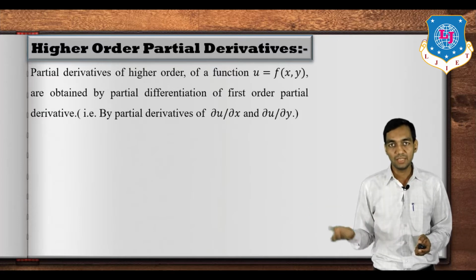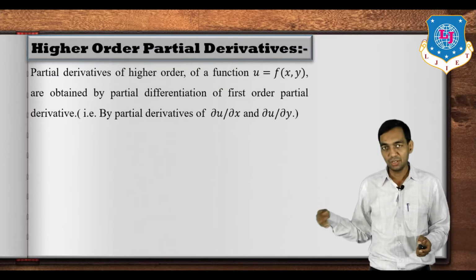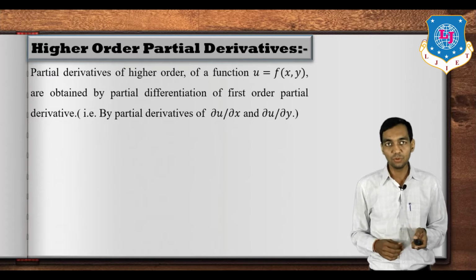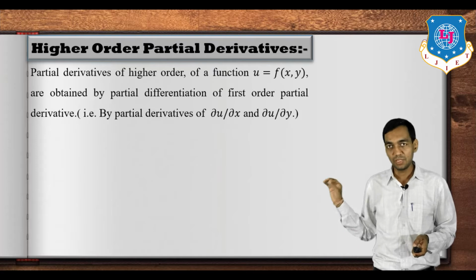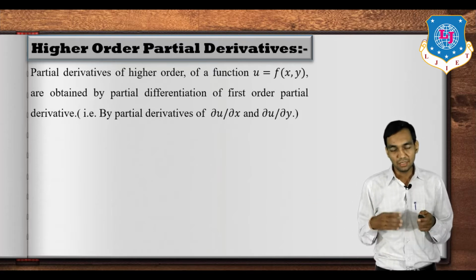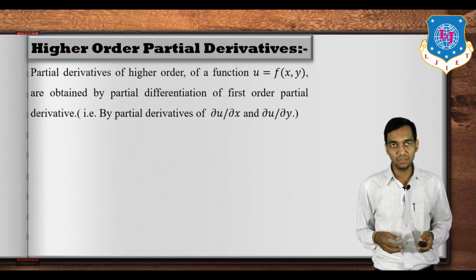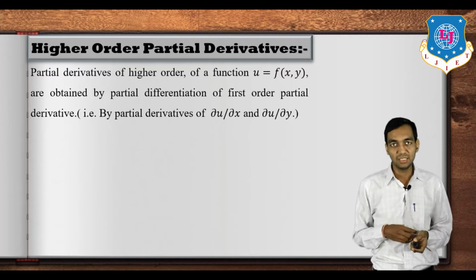Now, we are going to define the higher order derivatives. As we have defined the first order, in the same manner you can define the higher order derivatives. Now, see, suppose u is a function of x and y and the first order partial derivatives exist. Then the derivative of a first order partial derivative is called a second order derivative, and if you continue in this way, you will have higher partial derivatives.